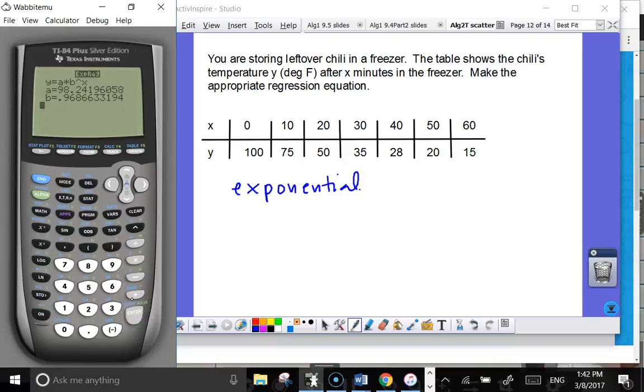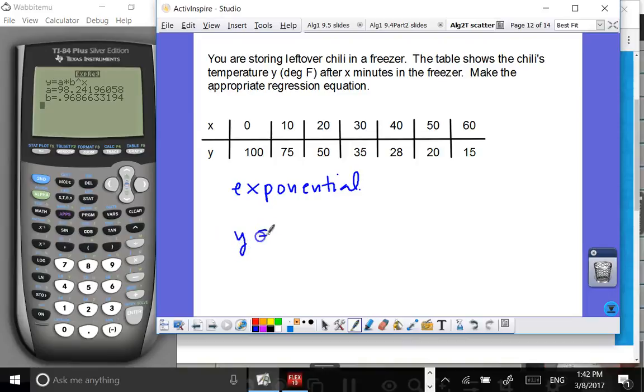So y equals a times b to the x. y equals 98.2 times 0.97 to the x. That's the regression equation.